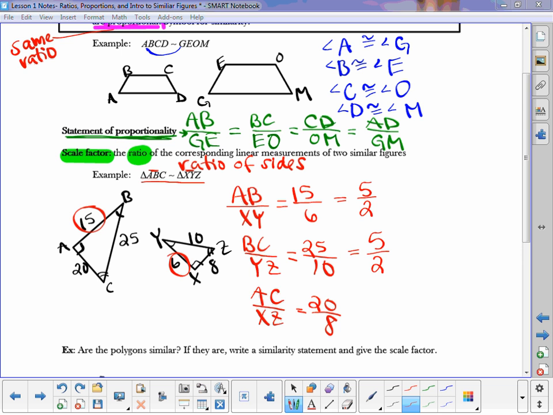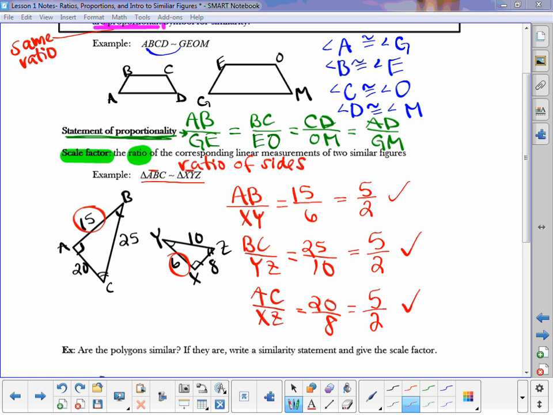Don't automatically assume, make sure you do double check it. What does 20 over 8 reduce down to? Okay. See how each of these are the same ratio? So that means then the corresponding sides are proportional. Corresponding sides are proportional, so we have these figures are indeed similar.